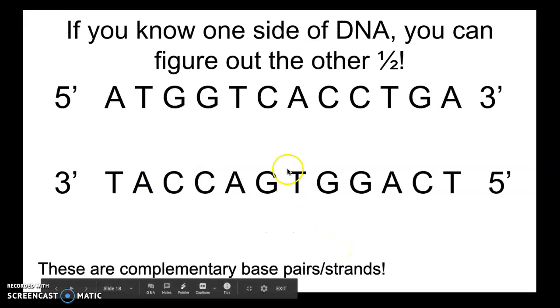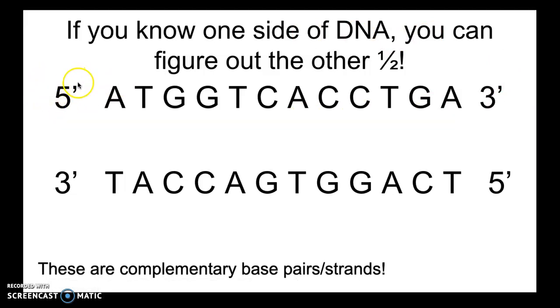Now, this is important to know. The leading strand is the one that goes 5' to 3', and the lagging strand is the one that goes 3' to 5'. But they are complementary to each other.